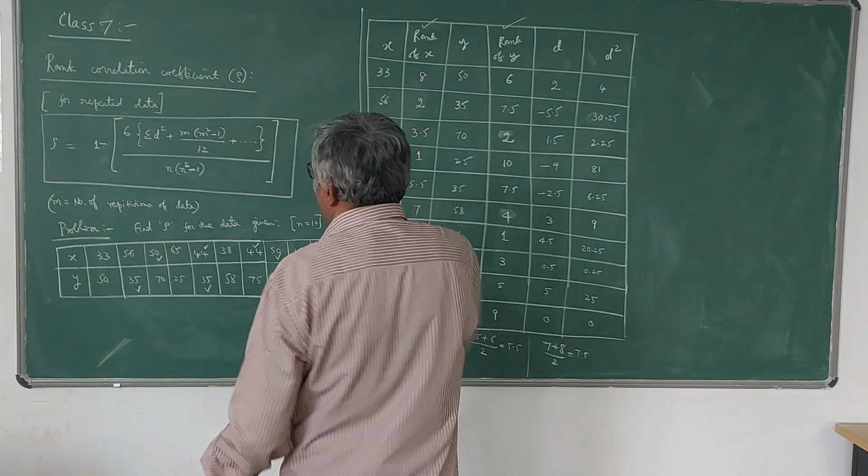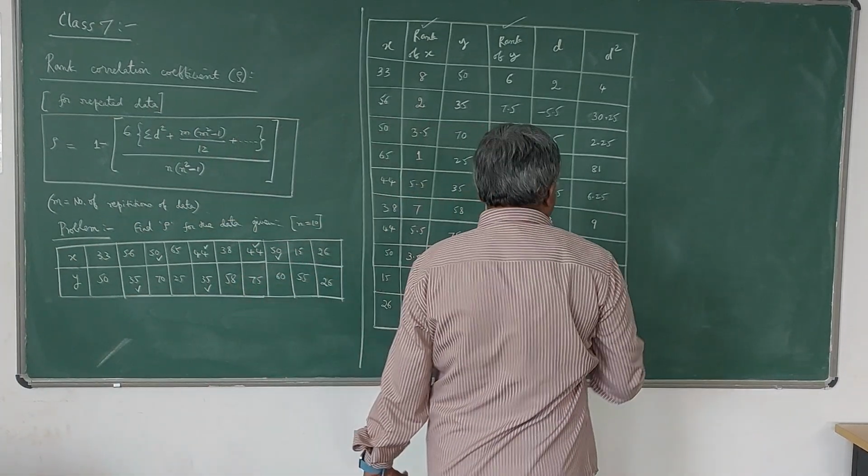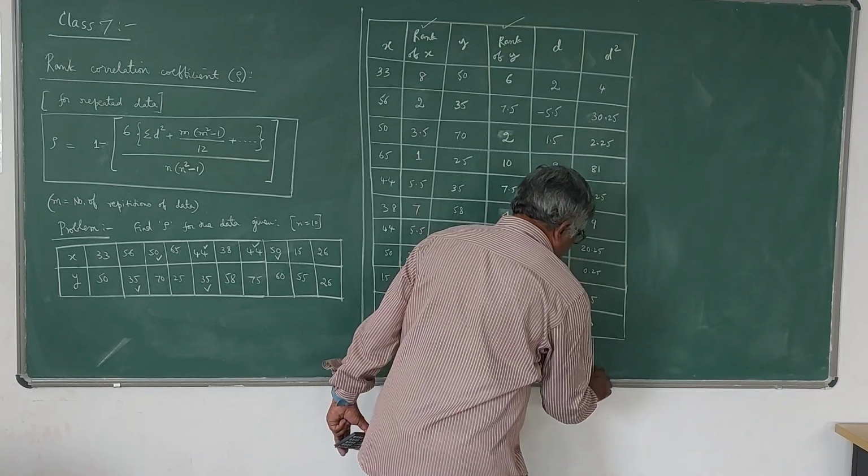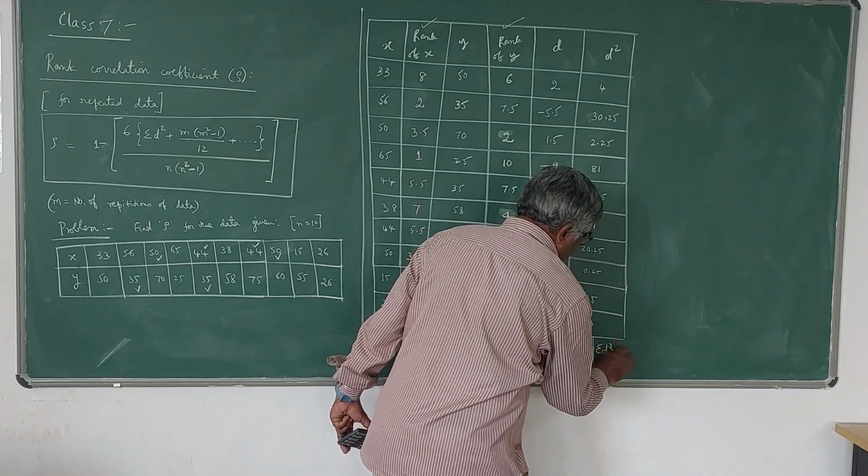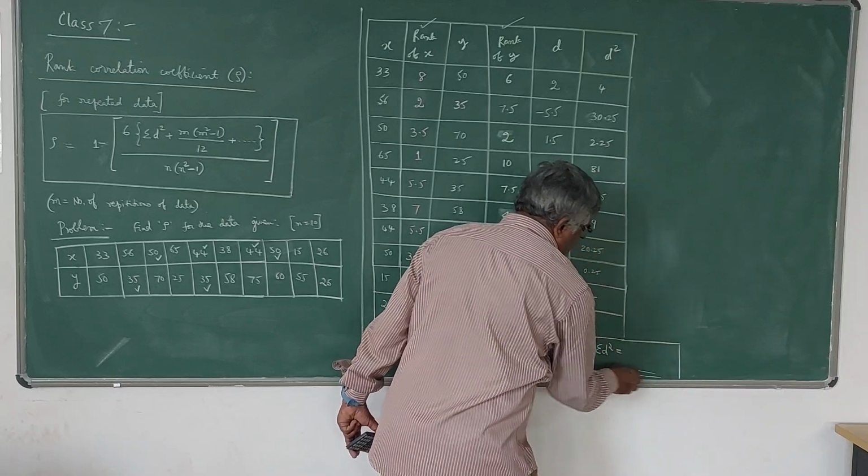So we have to use the sigma d square in this formula. Therefore we have to add all these values. Sigma d square is always positive.